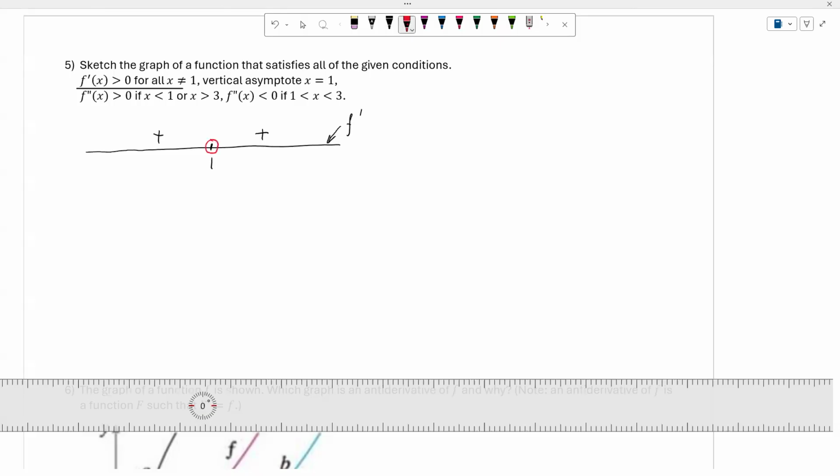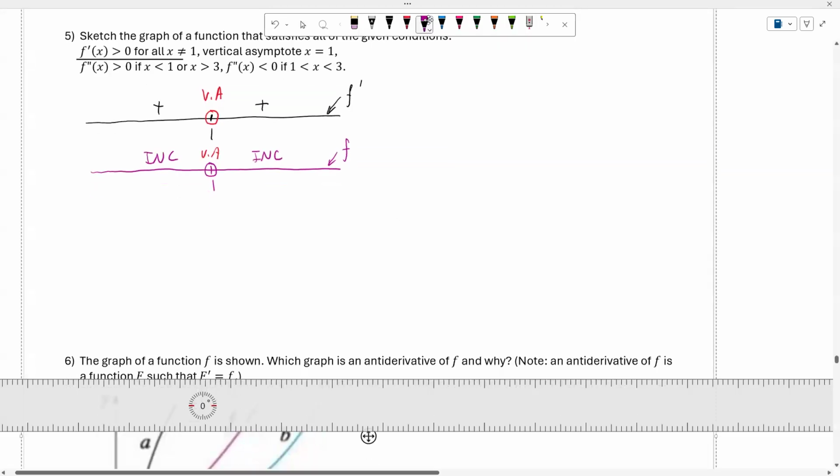Notice that at x equal to 1 we have a vertical asymptote. From this information, right away, if I translate to the function f, that indicates a vertical asymptote, meaning it is increasing to the left of 1 and also increasing to the right of 1.